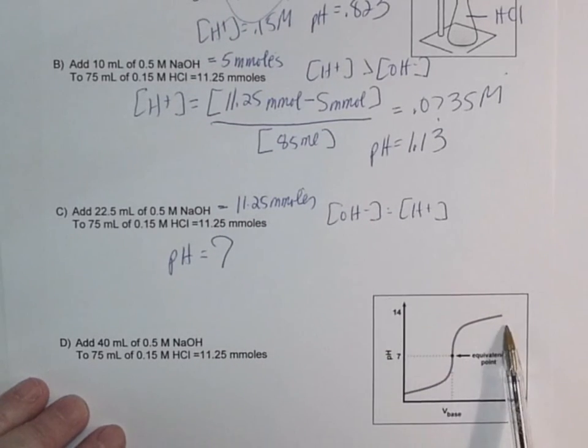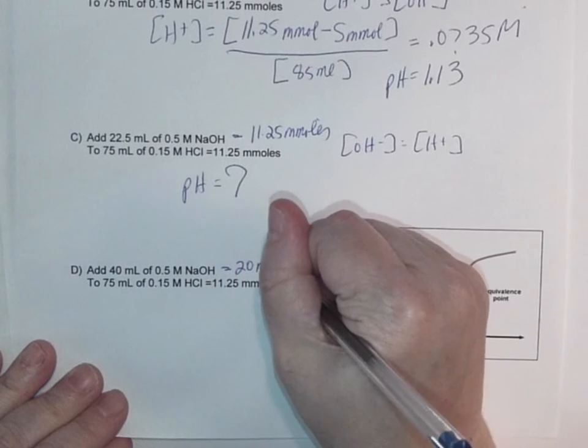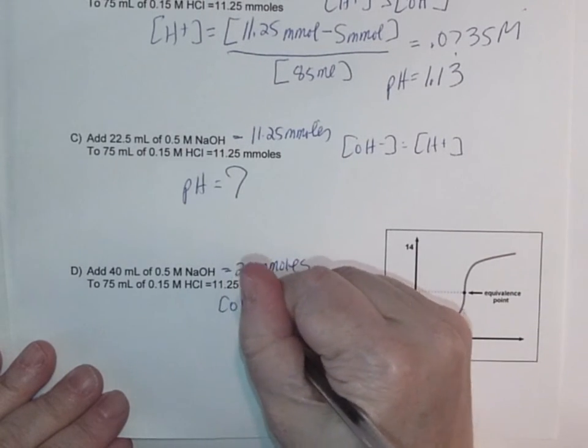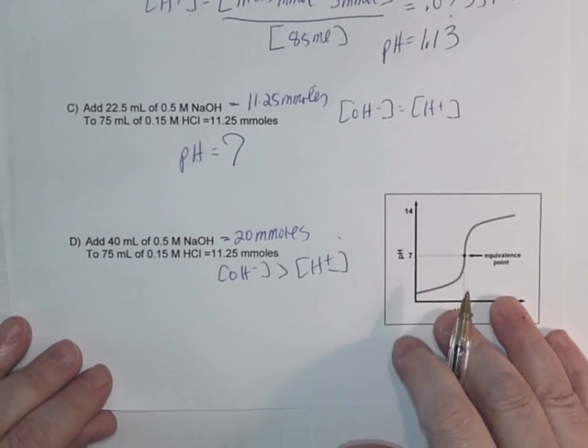All right, now I'm going to go into the excess base, is where I'm thinking I'm heading. Get that into millimoles, and yes, I have way more base than I do of the acid, so I should have a basic pH.